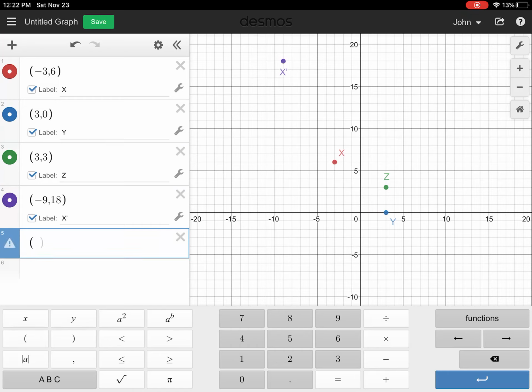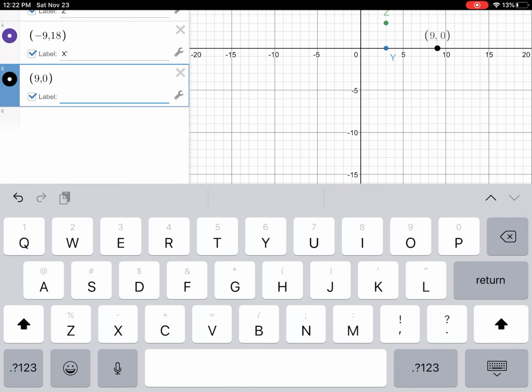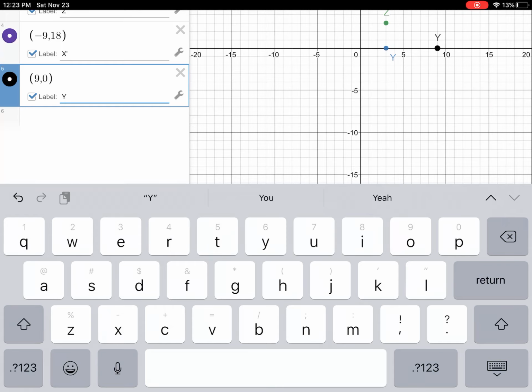Yep, it shows up there, which is what we would expect. And then I need my new y prime point, which we said was 9, 0. And we'll label that y prime. Okay.